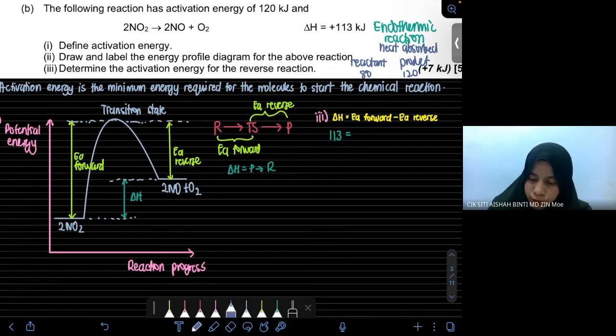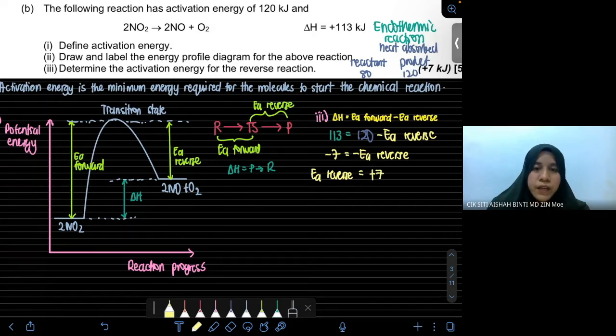So we find our EA reverse. From here, we see straight away that negative 7 equals negative EA reverse. But we want activation energy reverse only, so we cancel out the negative sign, giving positive 7. And the unit of activation energy is kilojoule. So this is for question B.